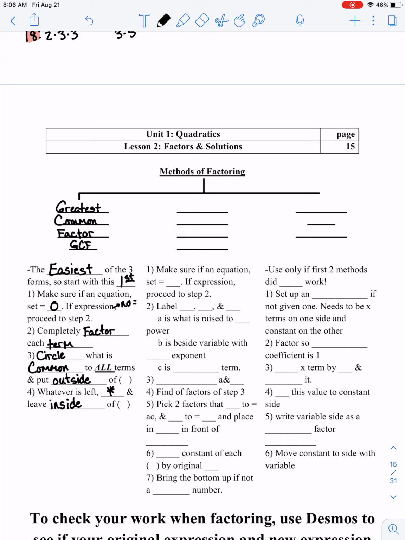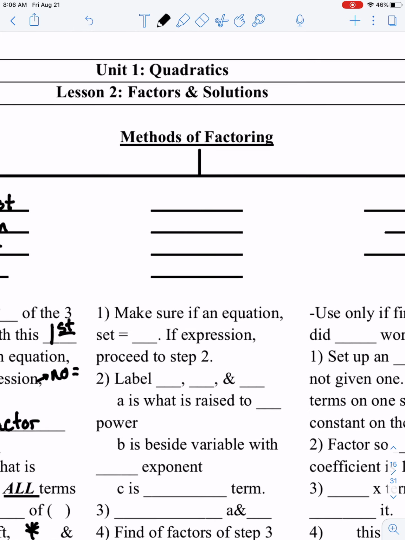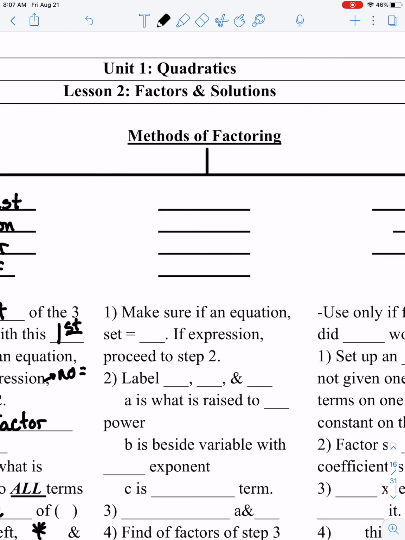In this video, we're going to look at the next type of factoring method, and it's going to be slide, divide, bottoms up. Okay, this method isn't correctly named.